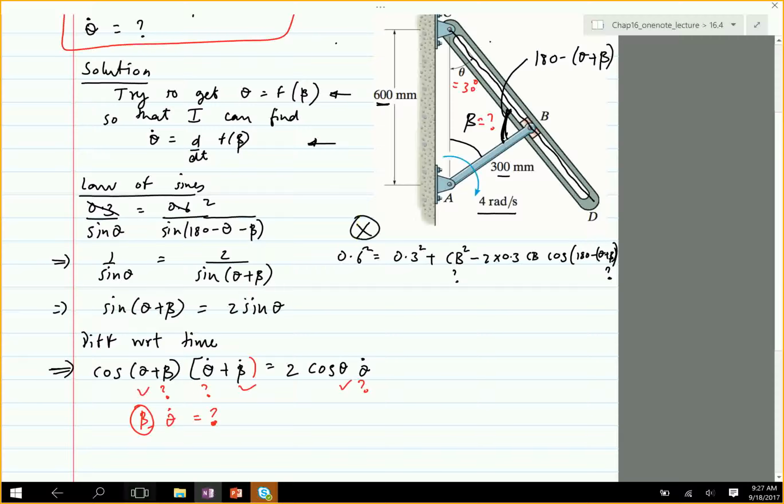So this is right, but it will not give me what I'm after, beta, in one equation. So I'm going to rather use this way: 0.3 square equals 0.6 square plus CB square minus 2 times 0.6 CB cosine of 30 degrees.